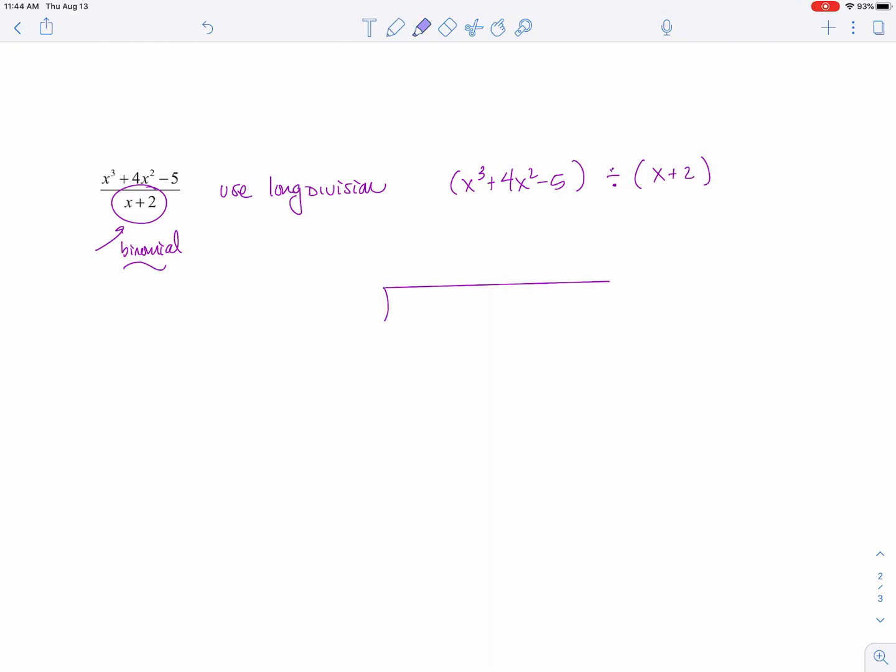We're dividing by x plus 2, so that's the part that goes outside that little division house there. The other part of this polynomial, the numerator, is going to go under the bar, but there's one more thing that we have to do. Can you guess what it is before I write it?